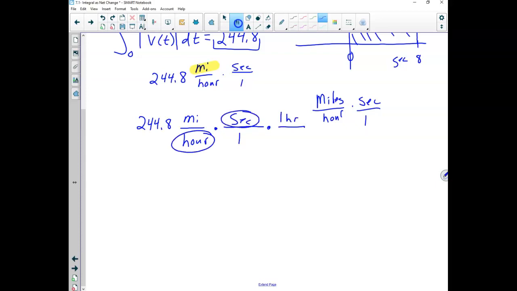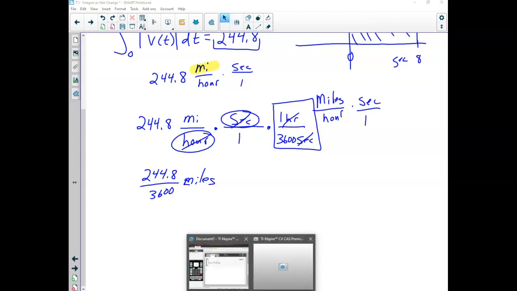And I need to get rid of seconds, so this needs to be 3,600 seconds in an hour. So if I take my 244.8 divided by 3,600, this is going to be miles, because my analysis cancels out my time and I just have miles.